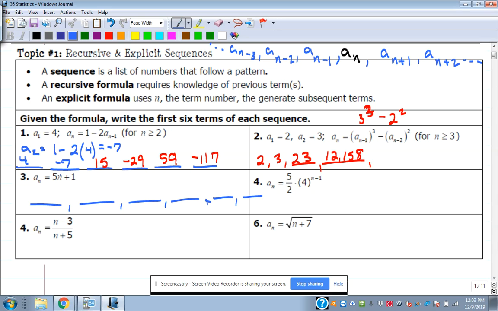So 1 plugged in would be 6, 2 plugged in would be 11, 3 plugged in would be 16, 4 plugged in would be 21, 5 plugged in would be 26, 6 plugged in would be 31, and you got all the 6 terms. Much easier. Explicit formulas are lots better. We like those so much more.